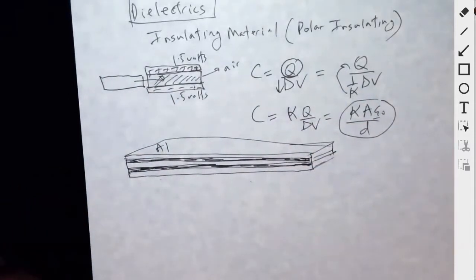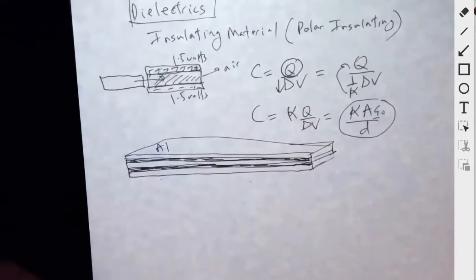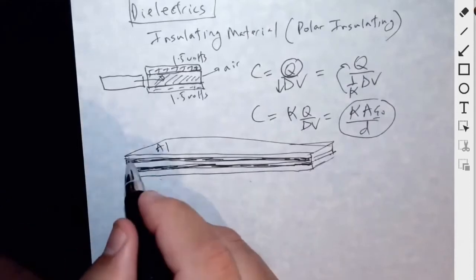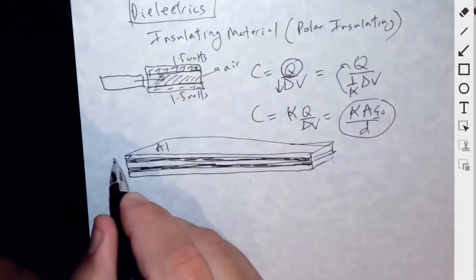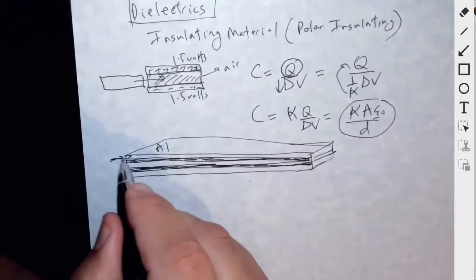Then where should the positive plate go? So essentially, this should be the positive.